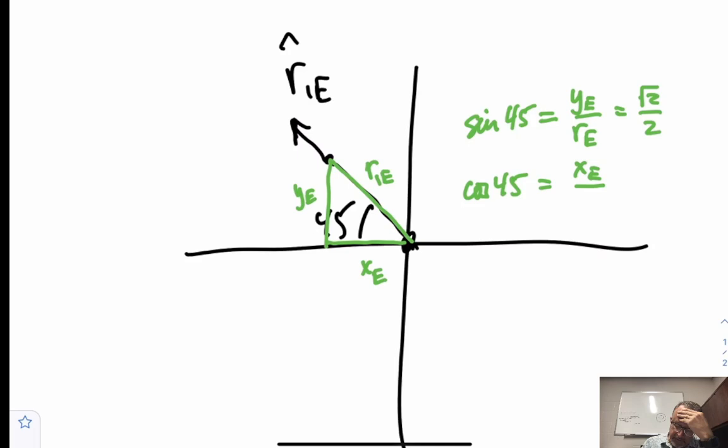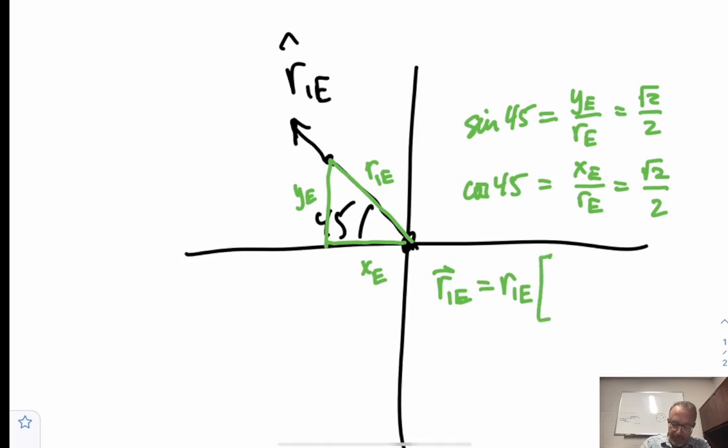This is in the negative x direction, and so that's also the square root of 2 over 2, because it's the cosine of 45. It's 0.707. So if I'm looking at this vector R1E, it's going to be R1E magnitude times cosine, let me write it better.